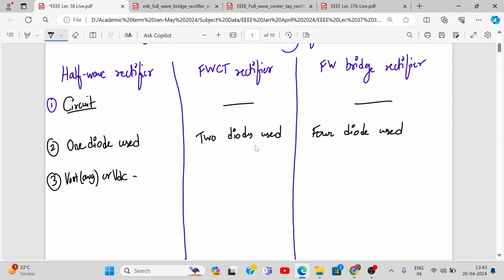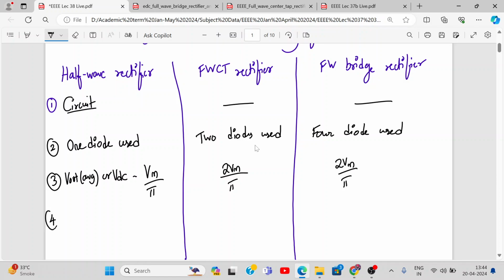No, not Im, we have to tell about VDC or V out average. For the half wave rectifier, yes, it is Vm by pi. And for full wave, it is 2 Vm by pi, and here also it is the same, right?